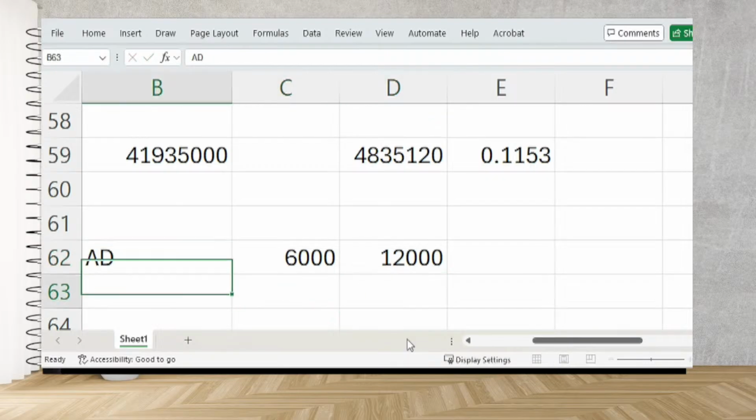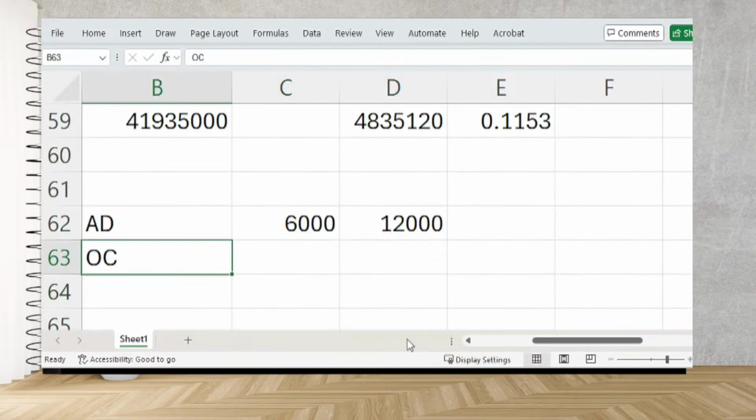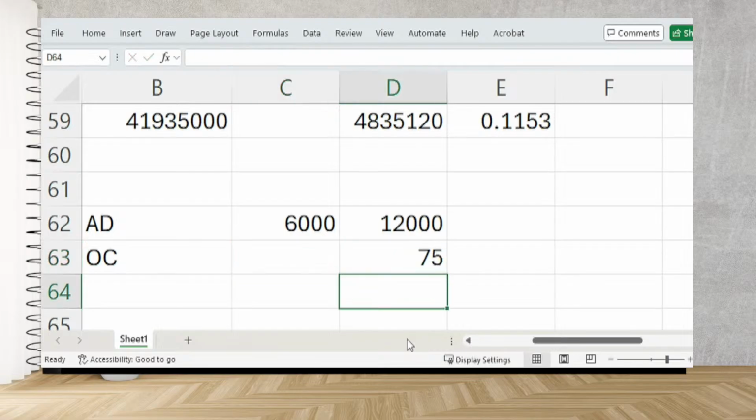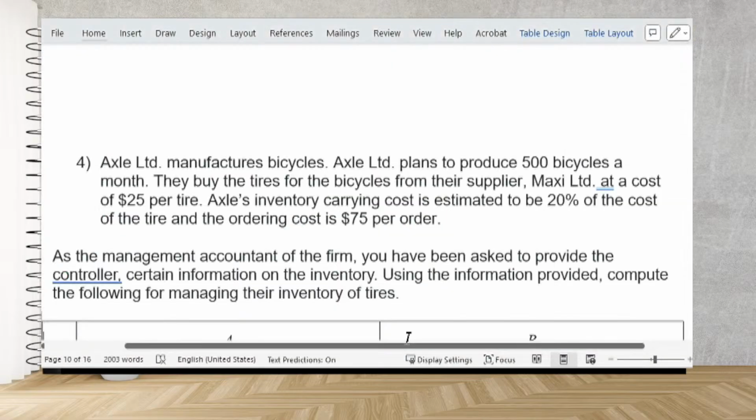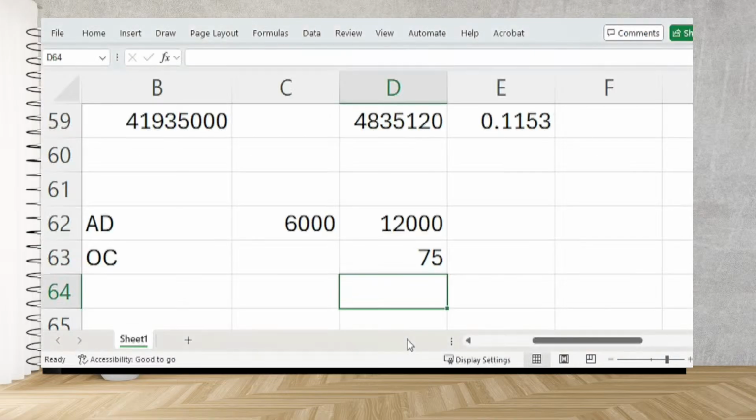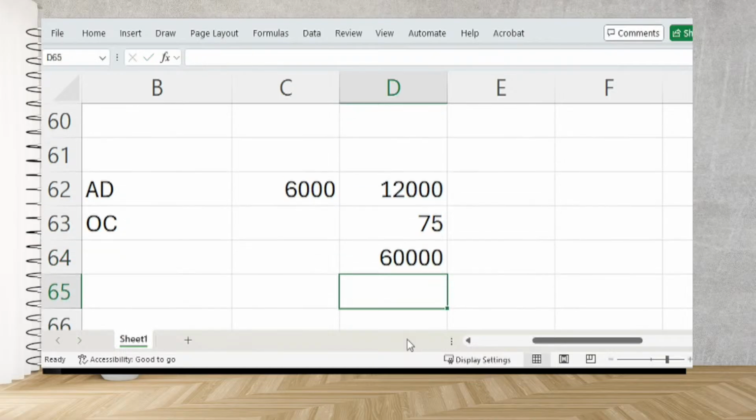And then carrying cost is 20% of the cost of the tire.